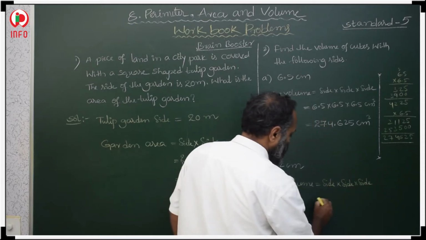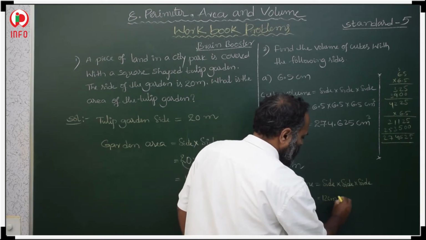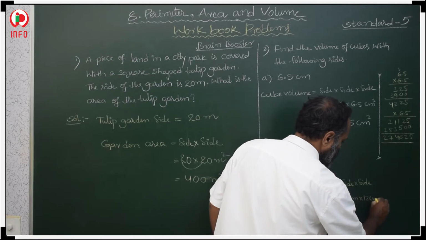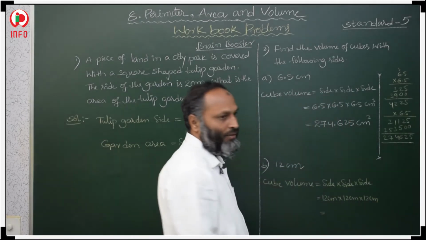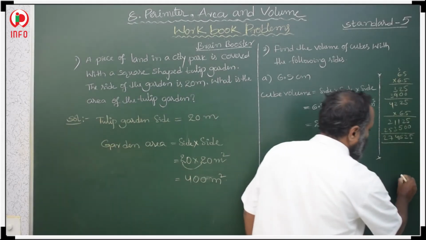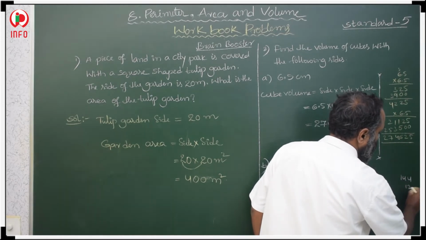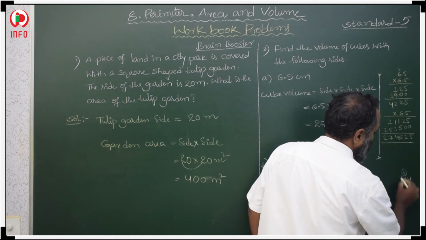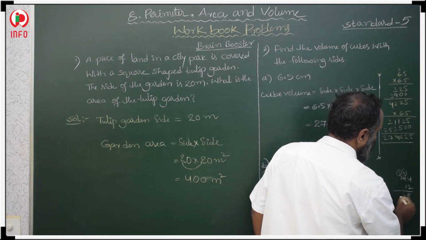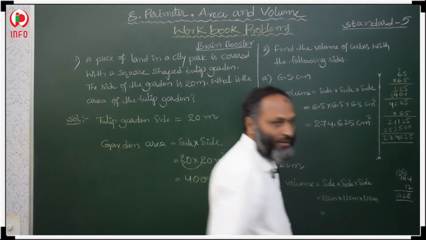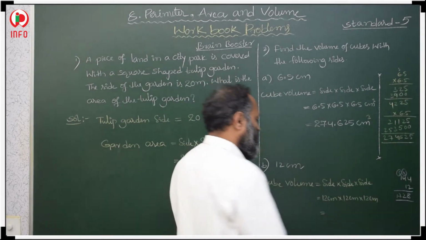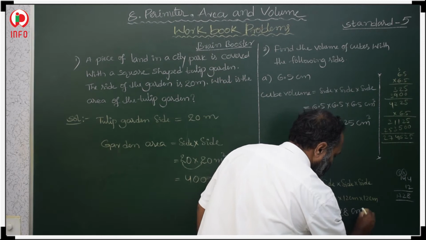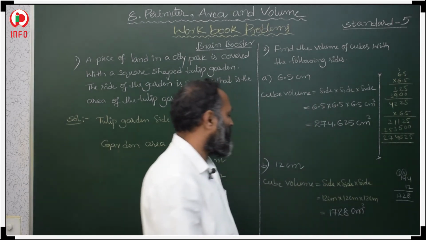Side is 12 centimeters into 12 centimeters into 12 centimeters. 12 12s are 144, 144 into 12. 12 4s are 48, 4. 12 4s are 48, 52, 5. 12 ones are 12, 17. 1728. So 1728 centimeter cube. This is the volume of the cube.